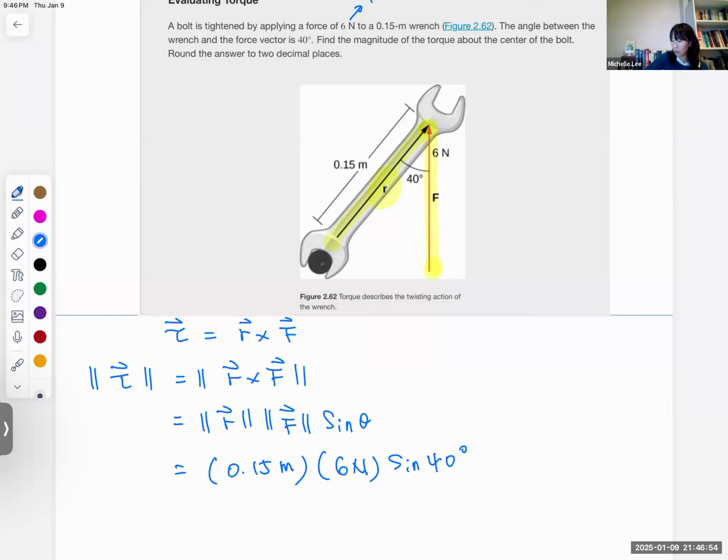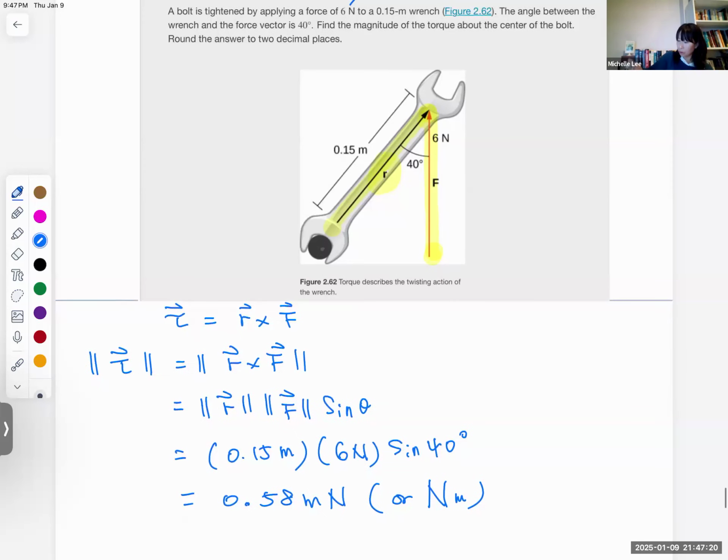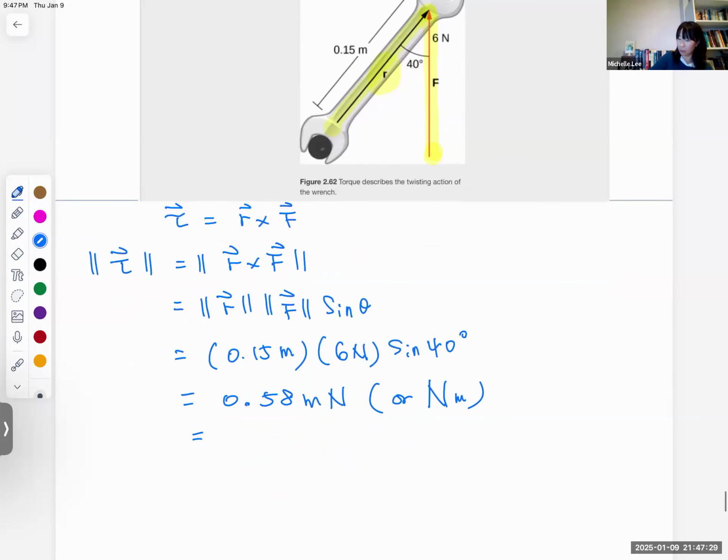Okay, so if we calculate everything, we get 0.58 mN or Nm, same, right? So meter Newton, okay? And meter Newton, we're using joule. Oh, here. So we have 0.58 J, which is joules.